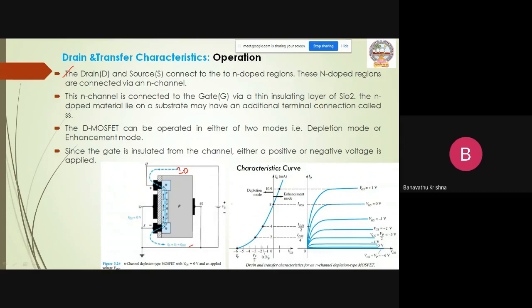Here this is the VDS voltage, this is the VGS voltage, 0 initially. Here we are applying the negative potential, and here positive. Initially we are applying VGS as a positive potential here.